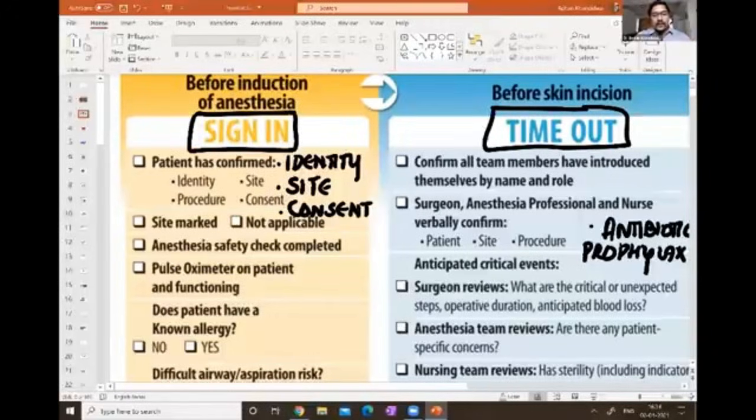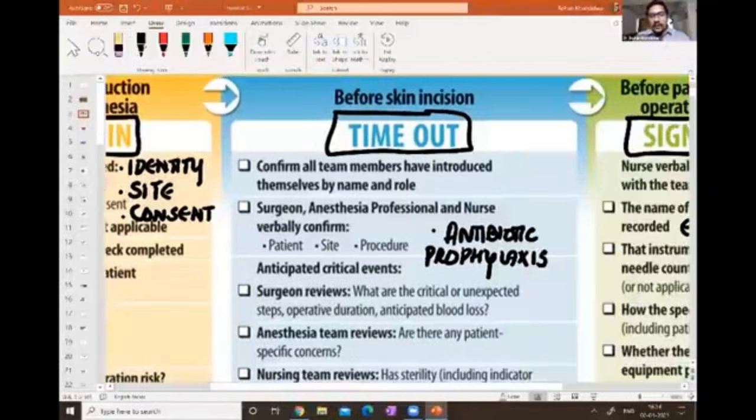The second phase is before skin incision. This is the time-out phase before we start surgery. And the 2 key things from the FMG exam point of view which you need to remember, that antibiotic prophylaxis is checked in this phase, and also the surgeon tells the entire team what surgery he is going to perform.